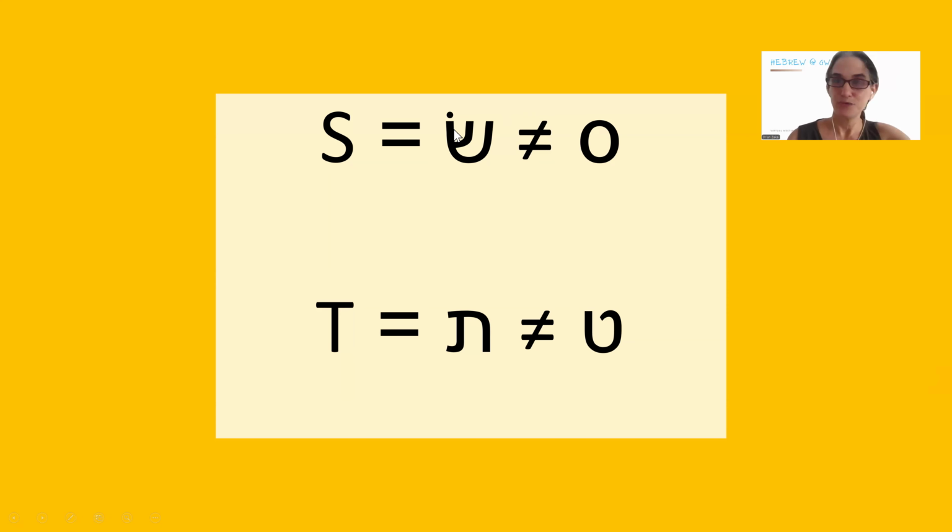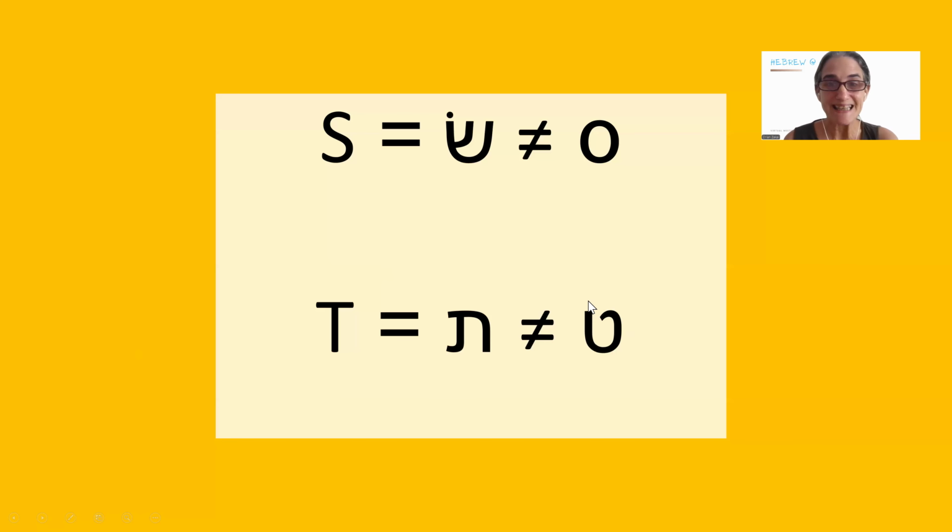Remember the shin with a dot on the top left that sounds like an S, but in writing, sometimes we have a samech and sometimes we have a sin, and we don't have a way of knowing which is which just from listening. We have to kind of remember the spelling of things, and that's something we acquire with time.